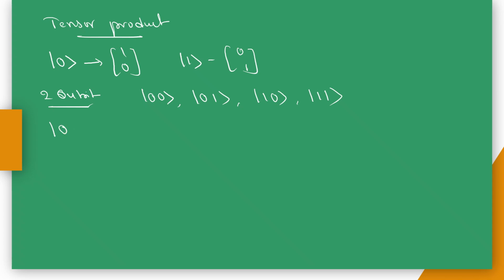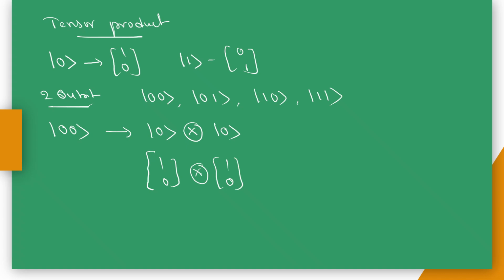To write the 00 state matrix, we take the tensor product between the 0 state and another 0 state. So 00 is nothing but 1, 0 tensor product with another 1, 0 matrix. The products are 1 into 1 is 1, 1 into 0 is 0, 0 into 1 is 0, 0 into 0 is 0. This is the matrix related to the 00 state.